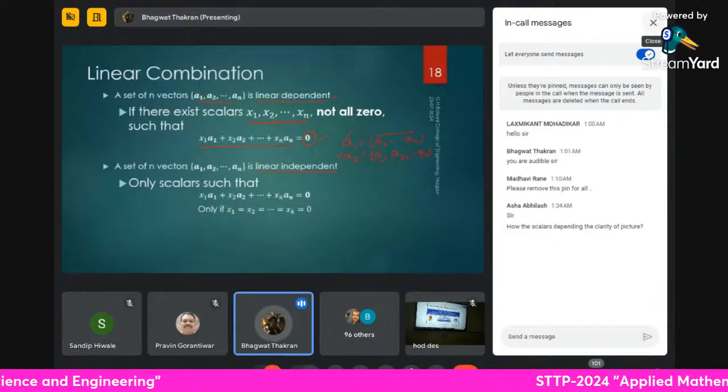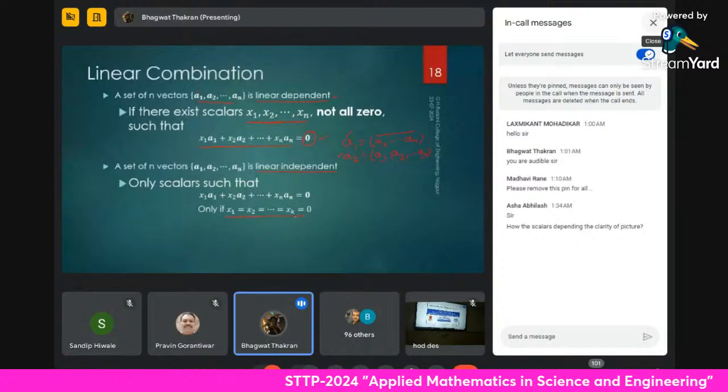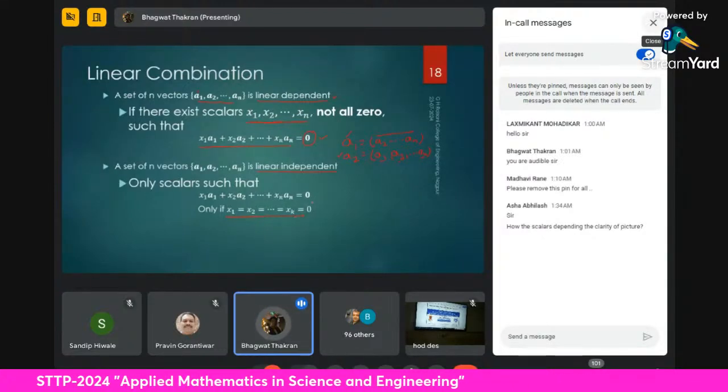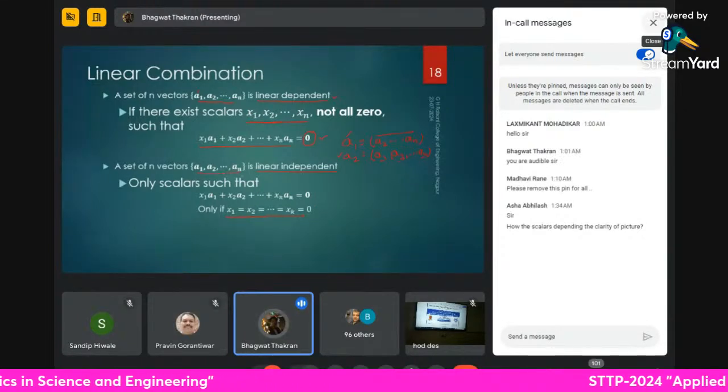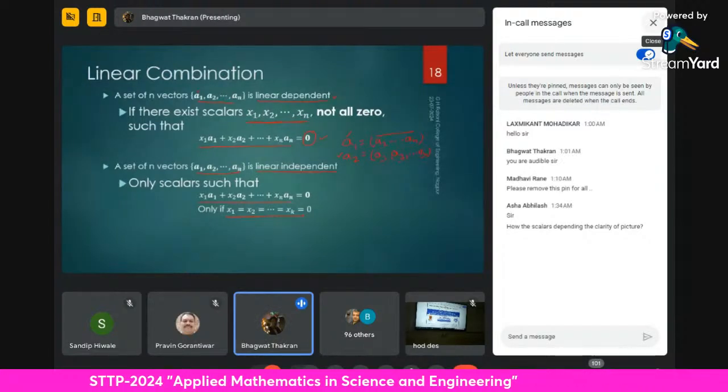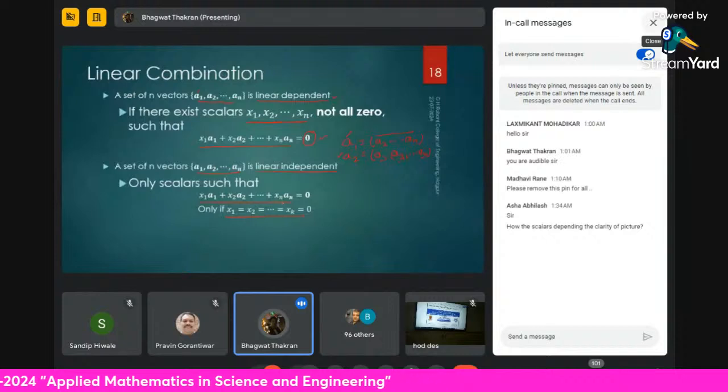But the moment I say all my scalars are zero, right? Then these vectors become linearly independent. Now, what do we mean by linearly independent? See, it's a system of homogeneous combination.